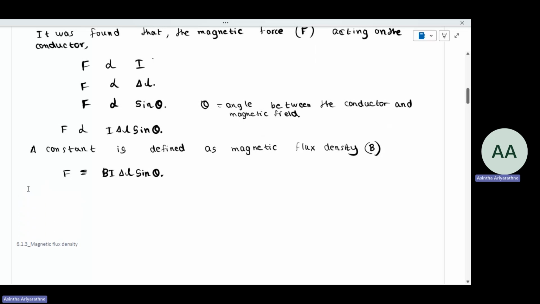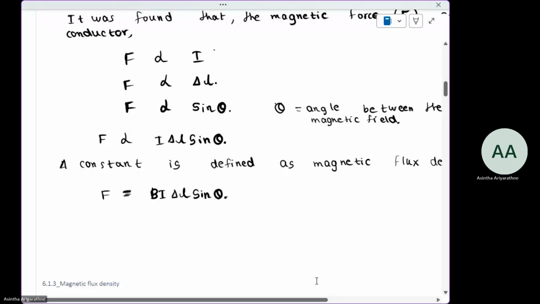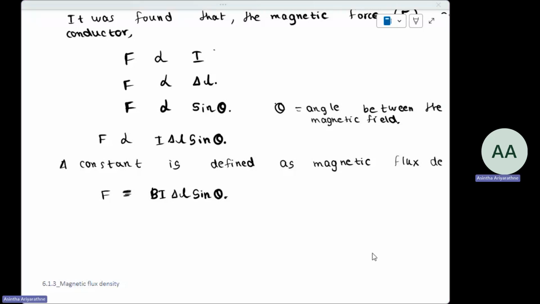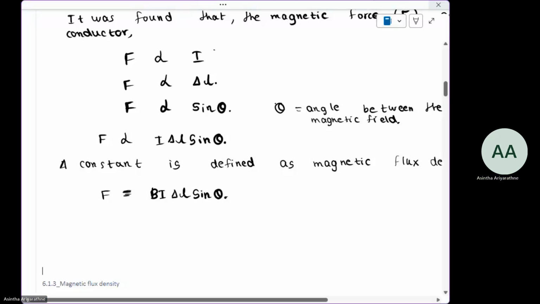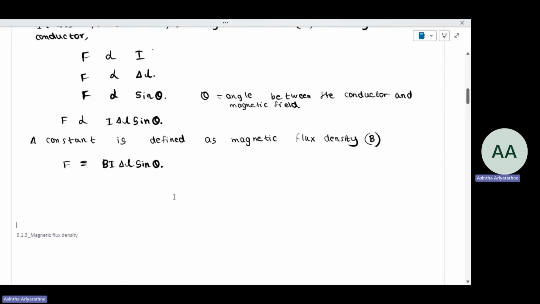Yes, so this is the final general expression for the magnetic force.